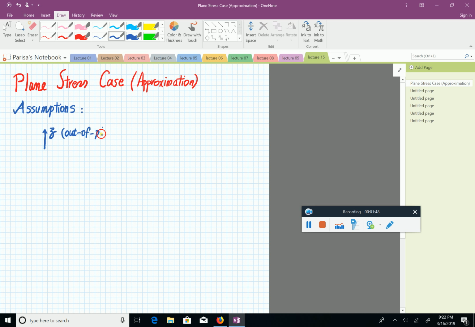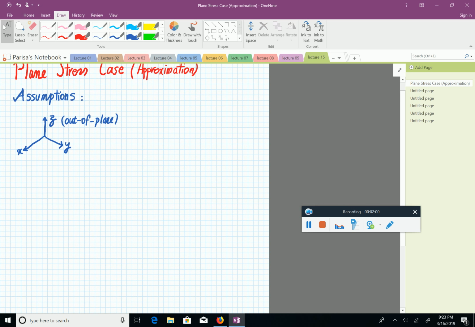So the plane is defined basically by x and y axis. So the assumptions basically take this form. Sigma xx is generally not zero and will be a function of x and y, so independent of z. The same is true for sigma xy.